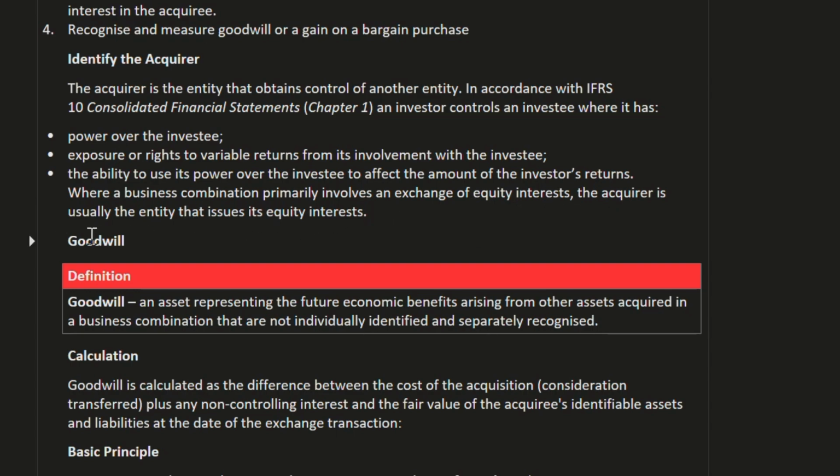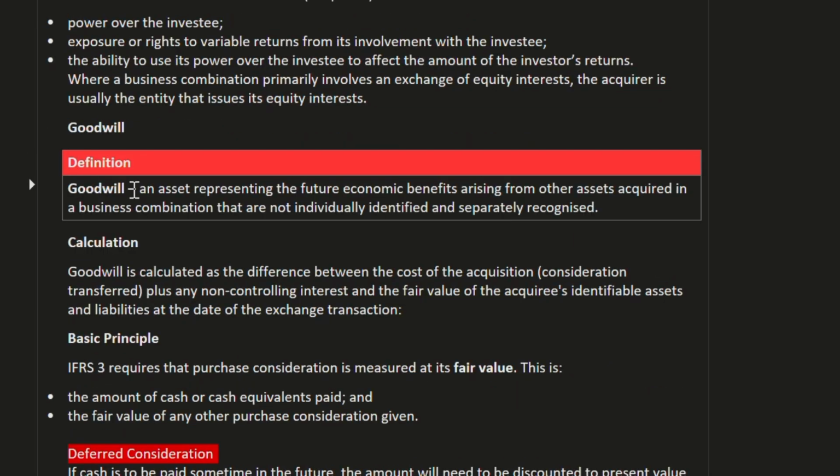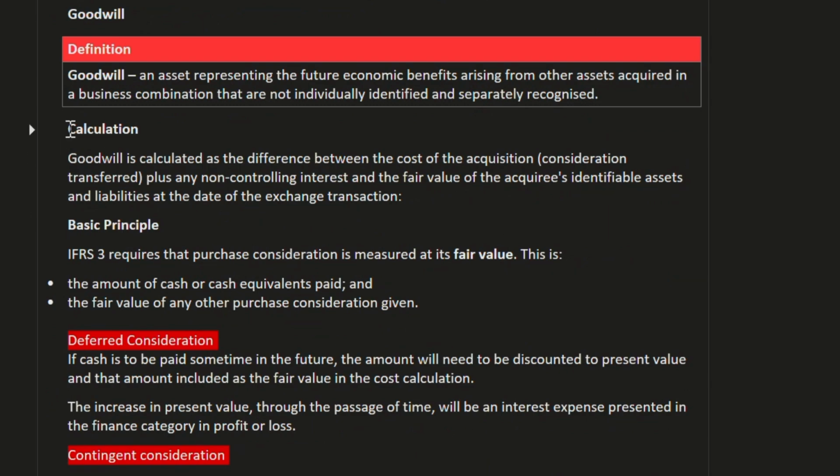Now, goodwill. Definition: an asset representing the future economic benefit arising from other assets acquired in a business combination that are not individually identified and separately recognized. Now, calculation.